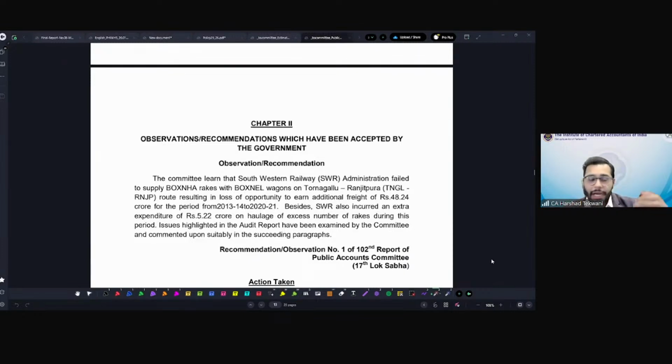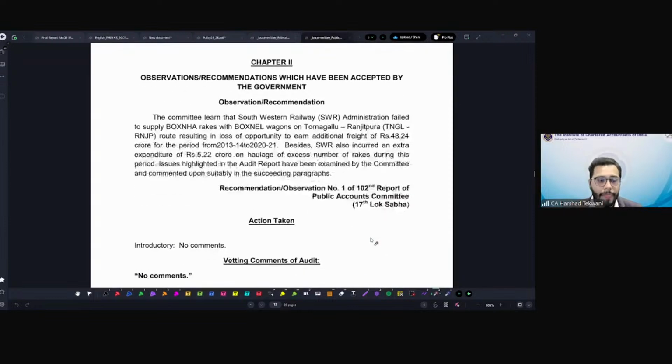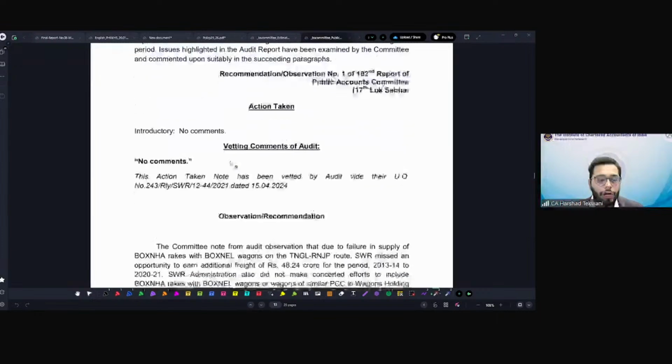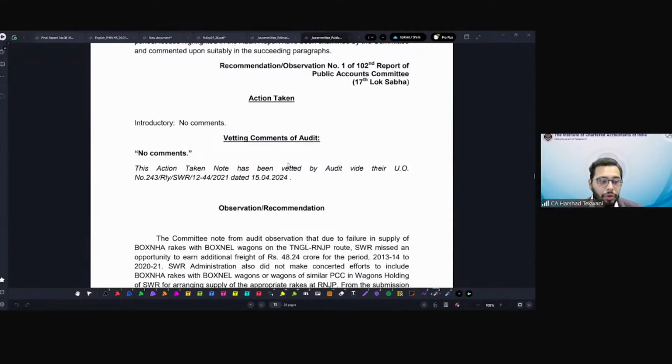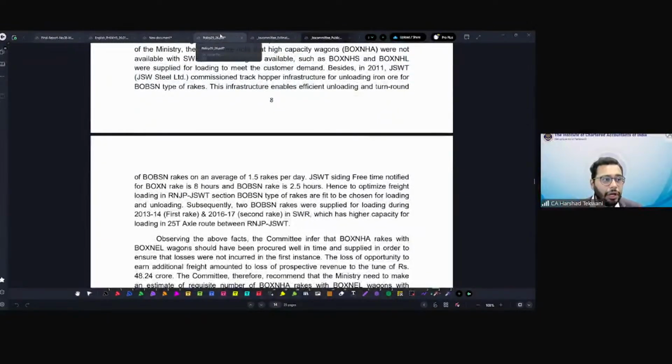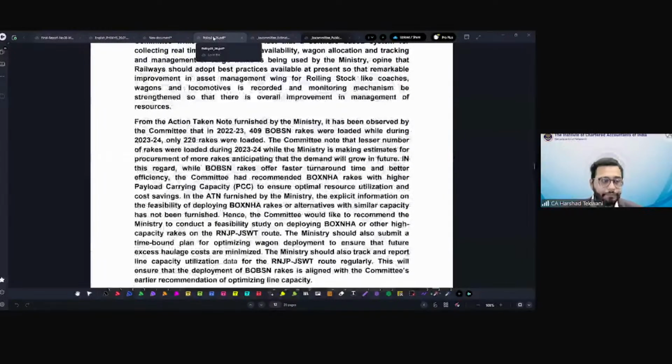Here it goes beyond that and recommends what is required to avoid this. They might recommend something additional which might not be there in the audit report. So this is how the Public Accounts Committee works.